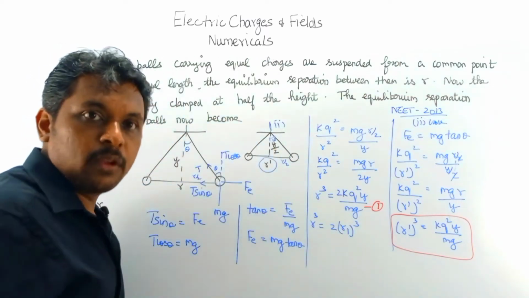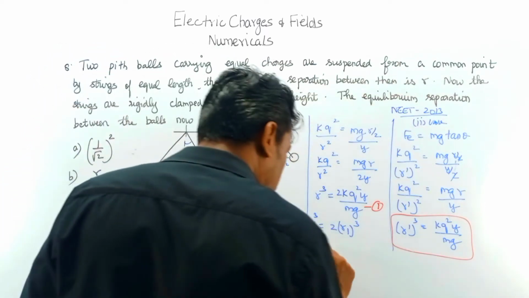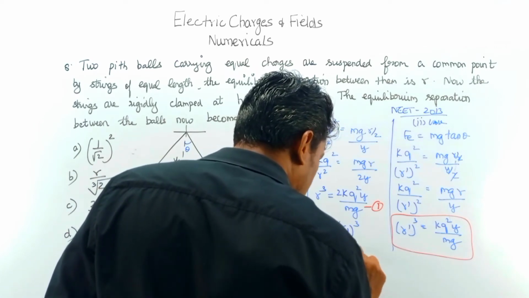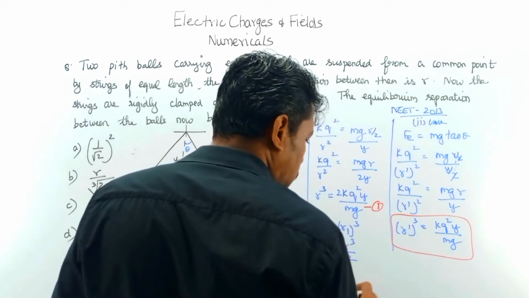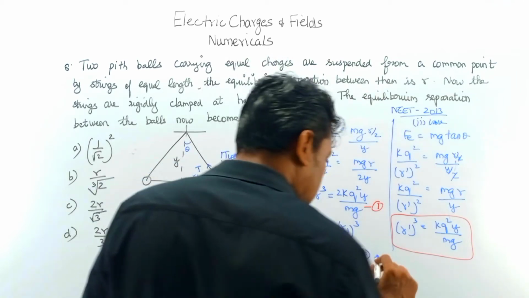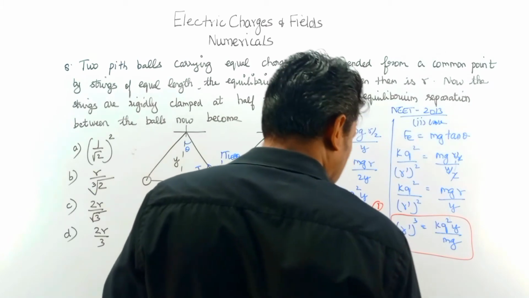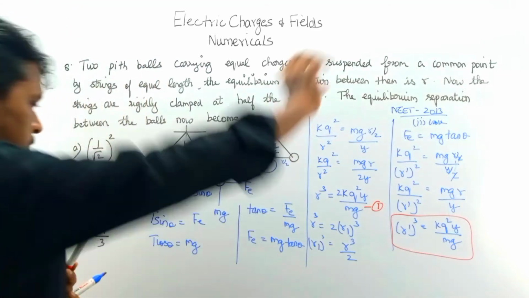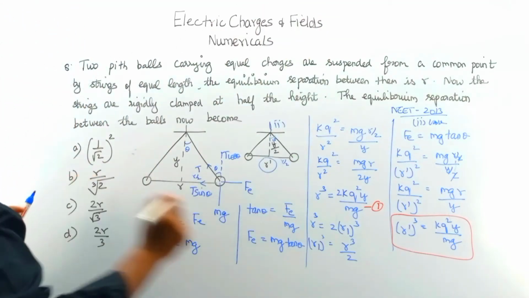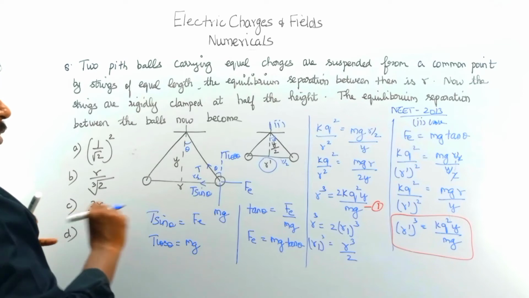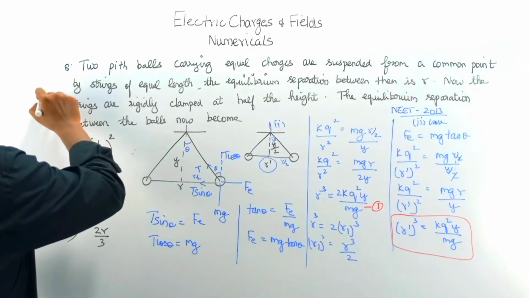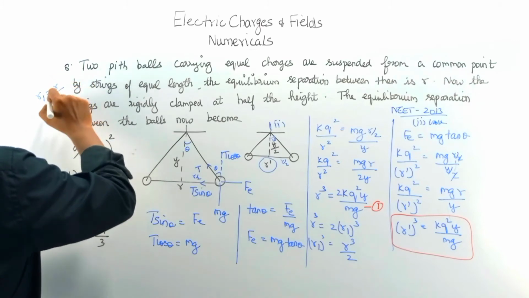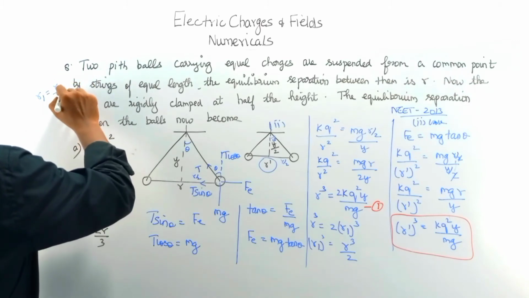So r dash cube is equal to r cube by 2, which implies r dash is equal to r by 2 power 1 by 3.